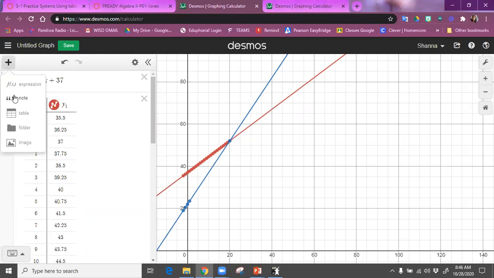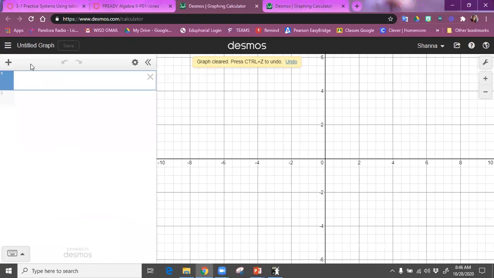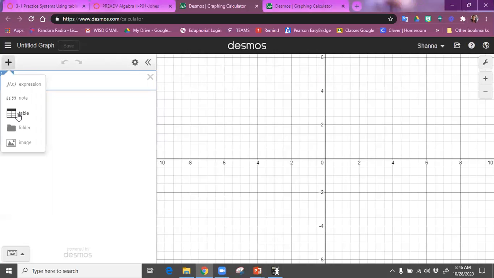I'm going to start a new blank graph, and I'm going to follow these steps. Start a new blank graph, I did. Then it says create a table. To create a table, I press the plus, and you see where it says table.